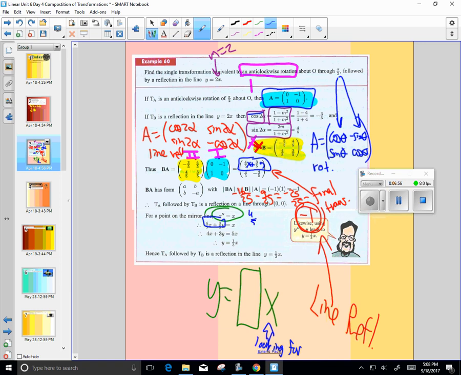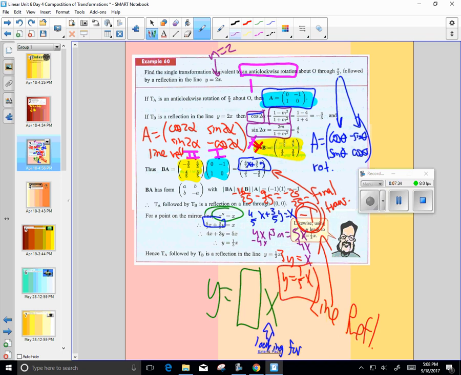That's the new x that I'm looking for. The transformed one is going to be my x for this final line. So when I multiply everything by 5, I get 4x plus 3y equals 5x. Subtract 4x, and I'll get x equal to 3y, not 3 over y. So y is 1/3 x.